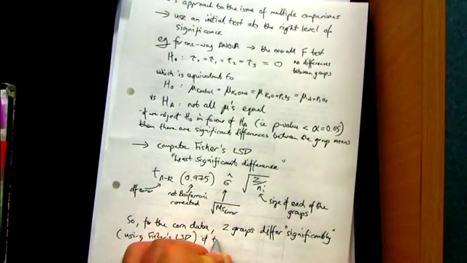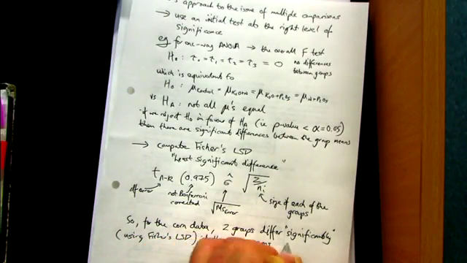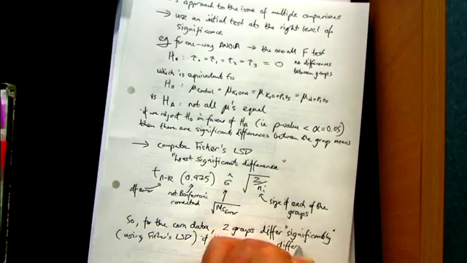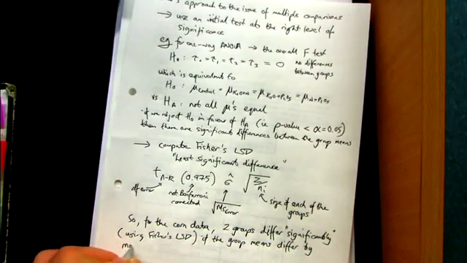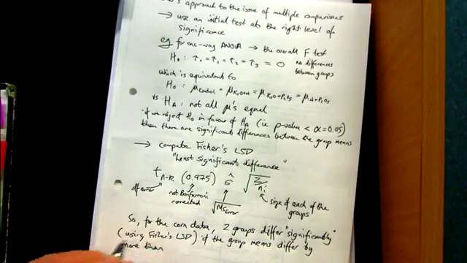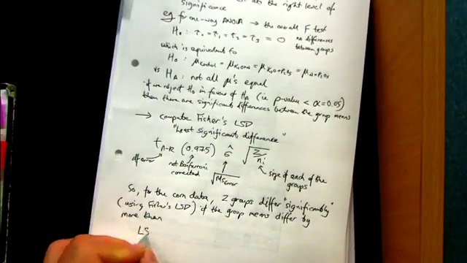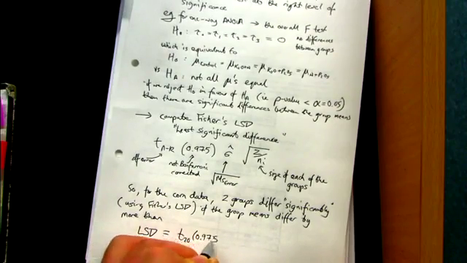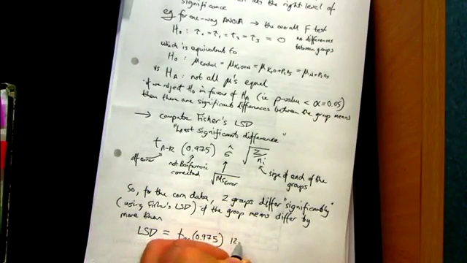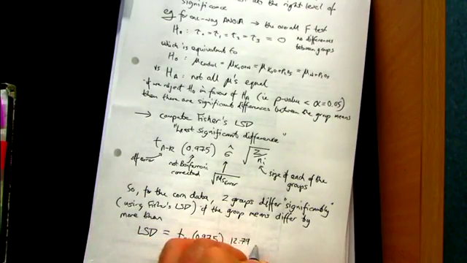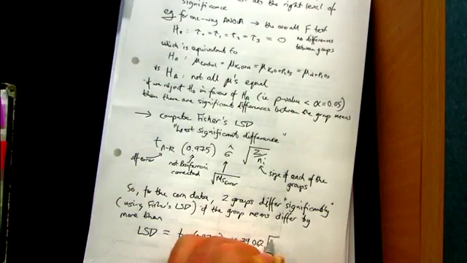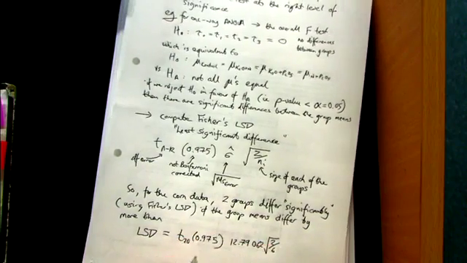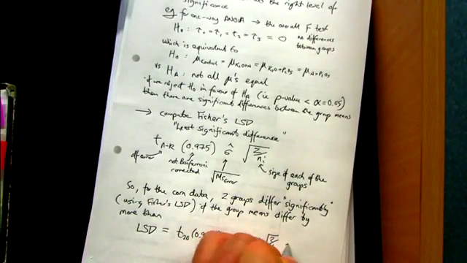If the group means differ by more than, and that turns out to be about 13.34.